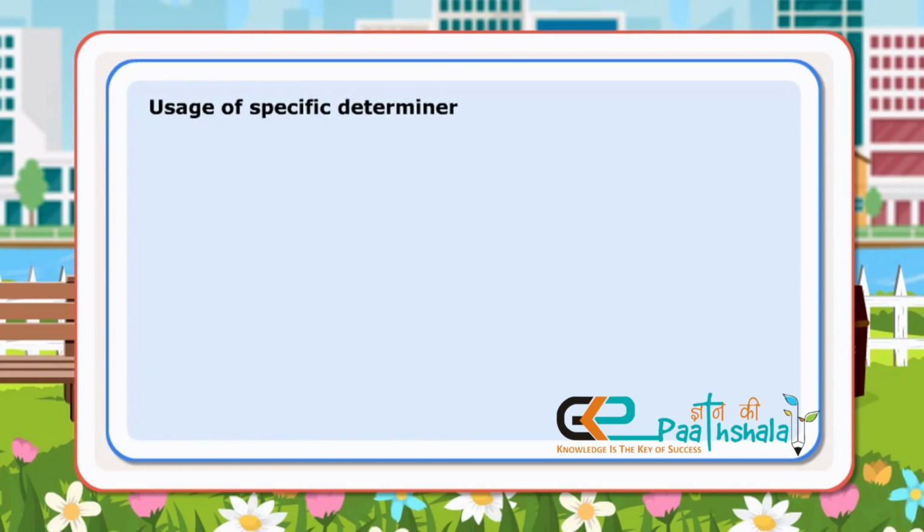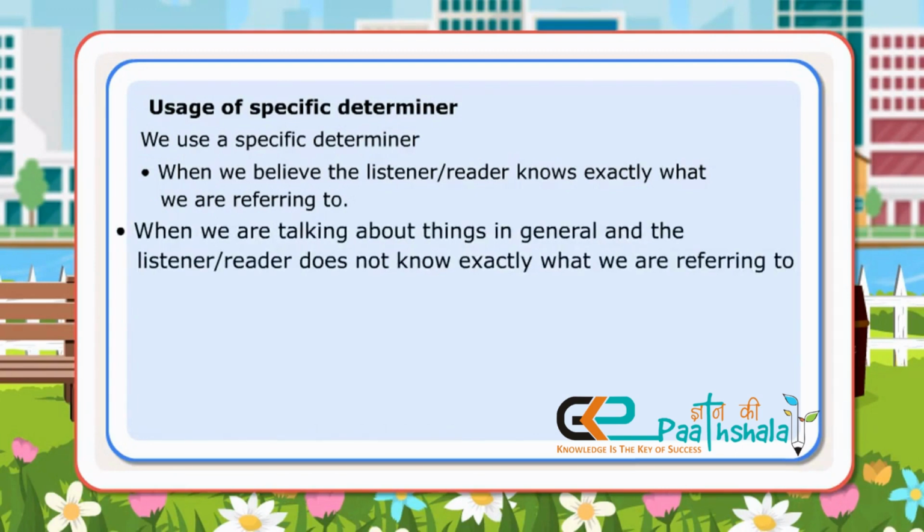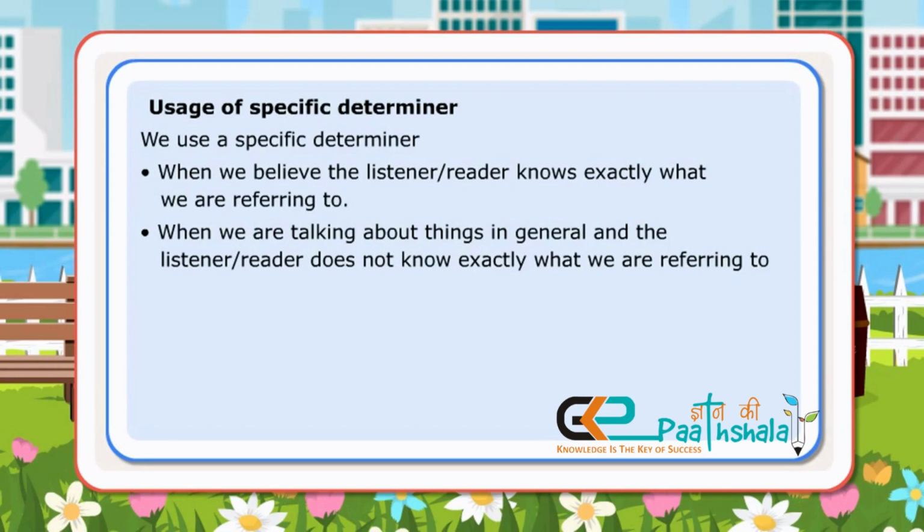Usage of specific determiner. We use a specific determiner when we believe the listener or reader knows exactly what we are referring to. We use a general determiner when we are talking about things in general and the listener or reader does not know exactly what we are referring to.